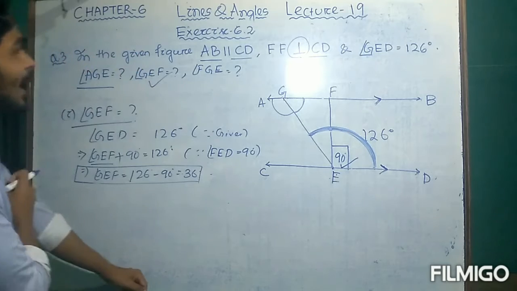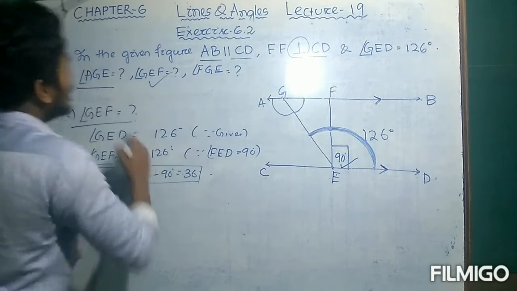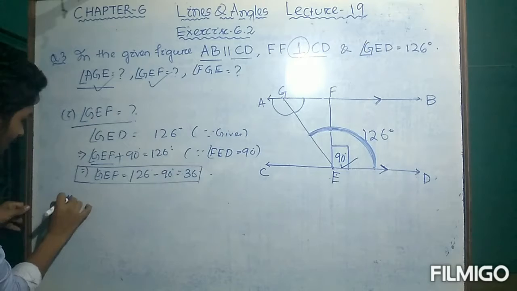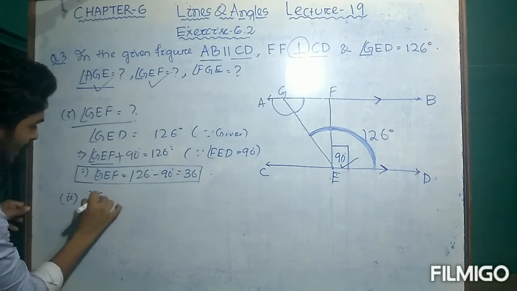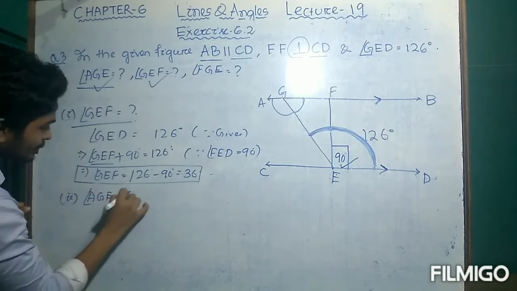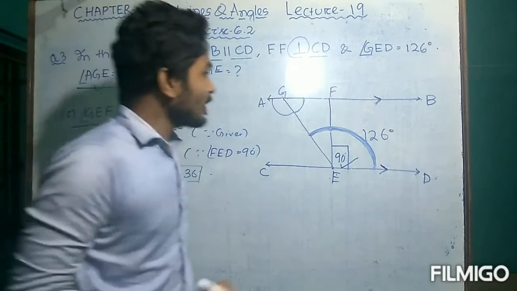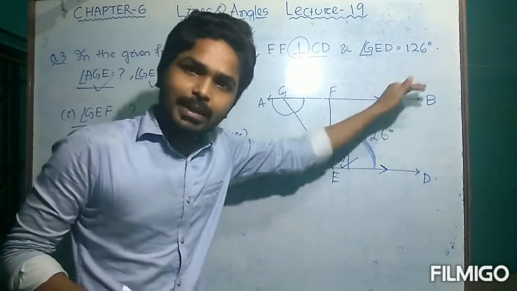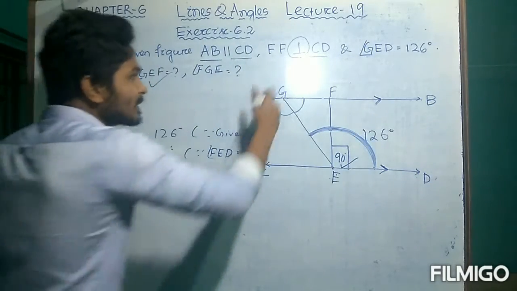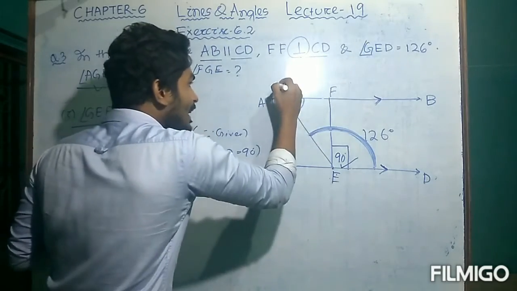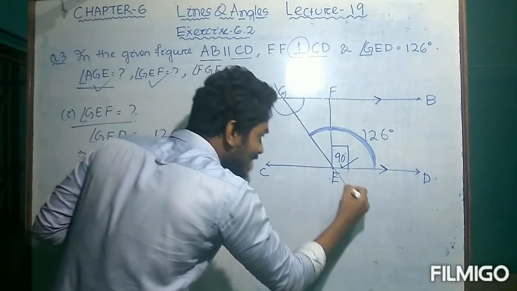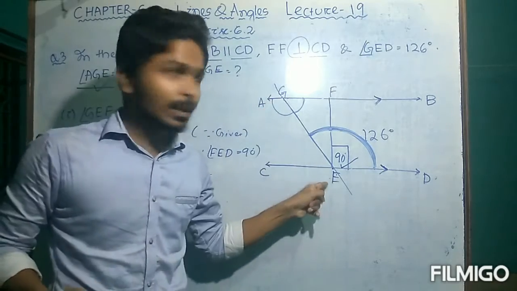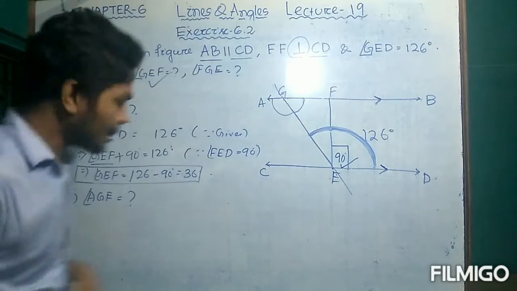So now we will find the value of AGE. For this, consider the two parallel lines AB and CD. AB and CD are parallel and this is a transversal line. We consider the line GE, not FE, GE.